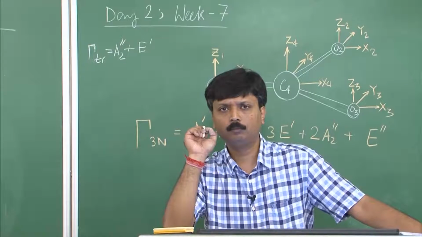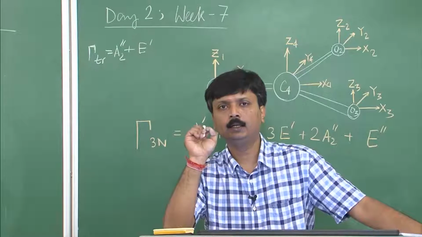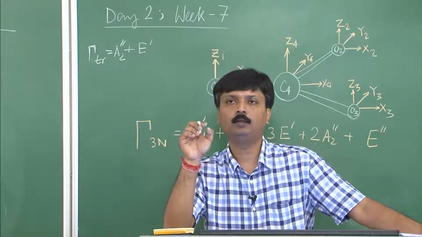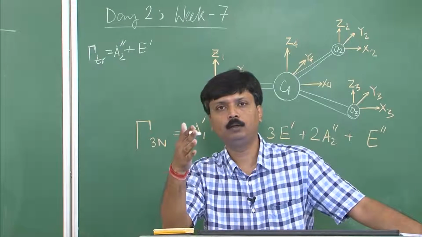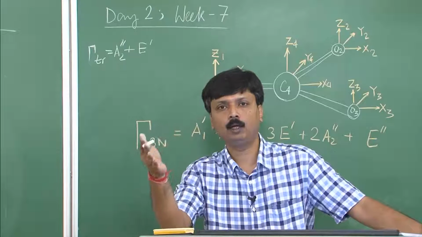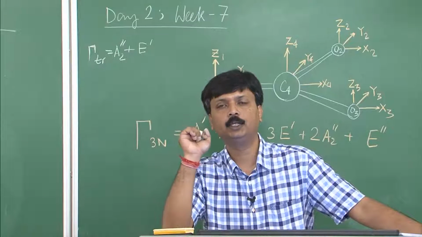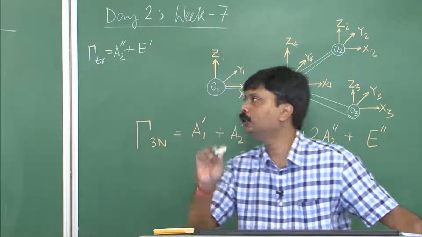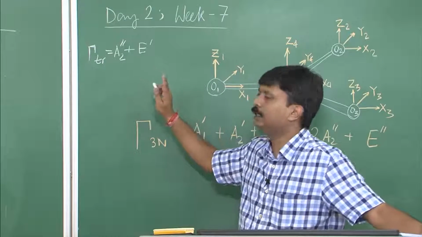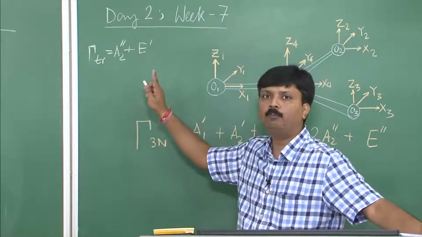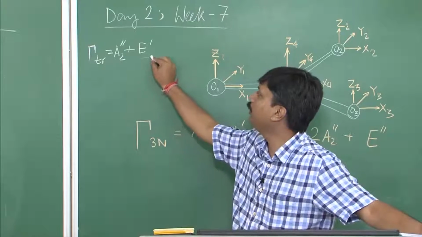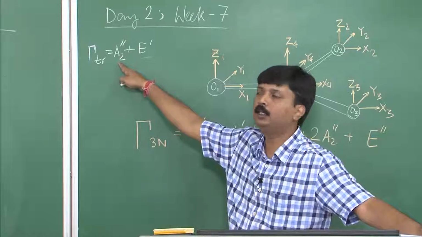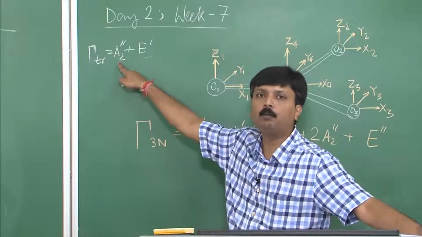Now, in area 3, this x or y or z will be written beside one particular irreducible representation or another, and you have to find out which representations they are. What we saw is that x and y together form the basis for the E prime irreducible representation, while the z function transforms as A2 double prime.